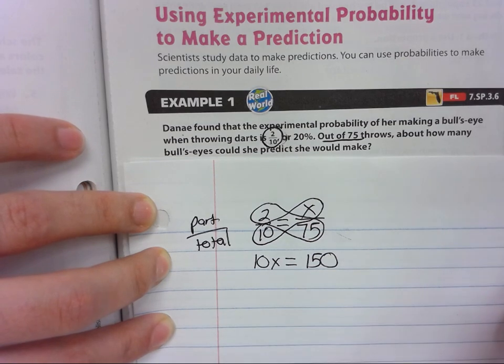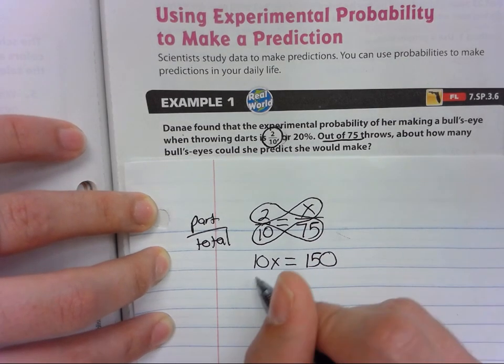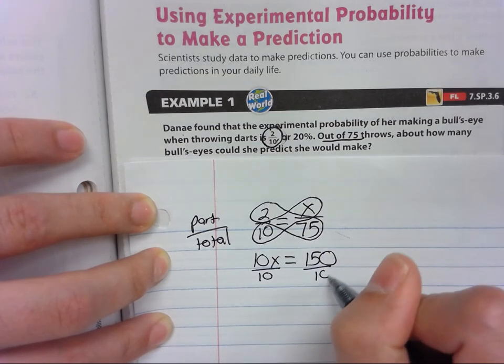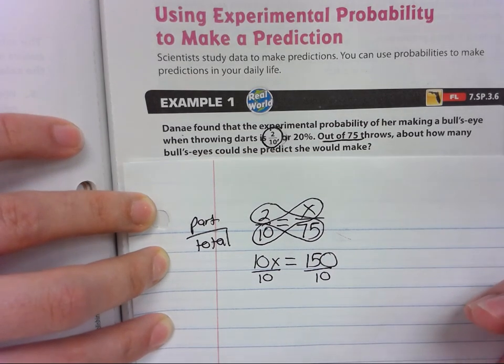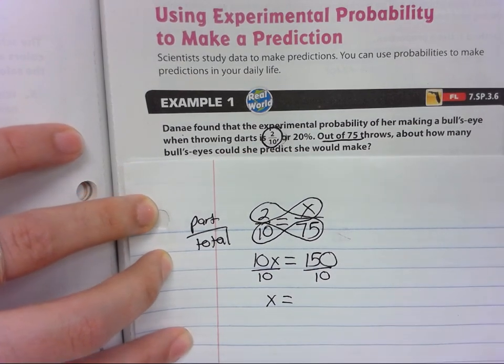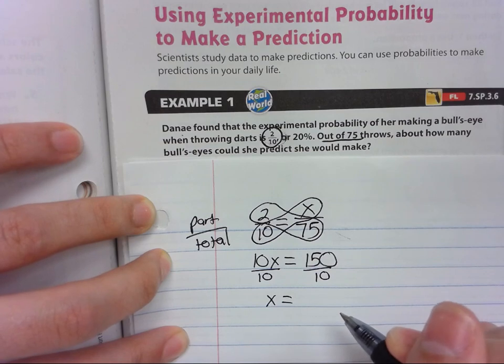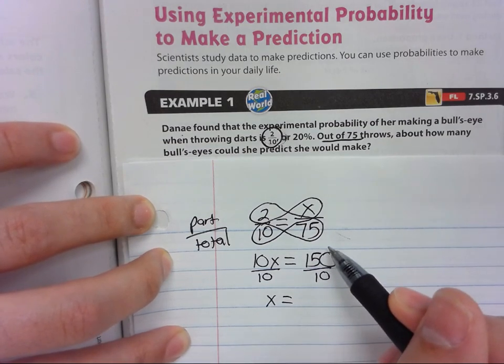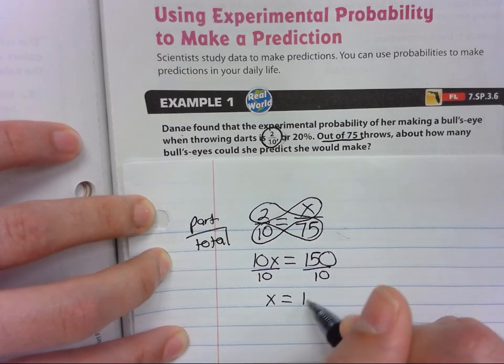No, it's an equation, so we have to solve it. 10 times x, divide by 10 on both sides, and x equals 150 divided by 10. We have a 0 on top, 0 on bottom. Those can just cancel, so we're left with 15.